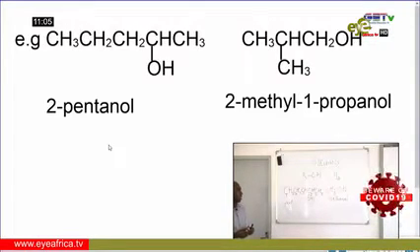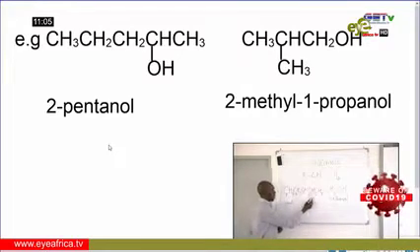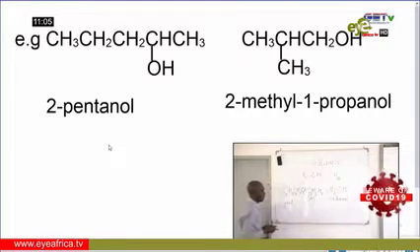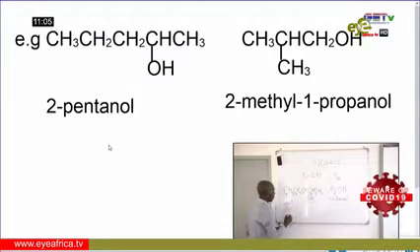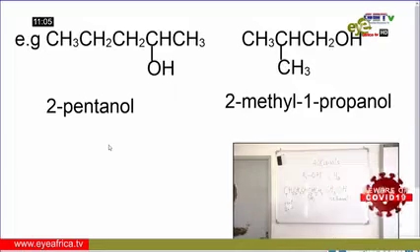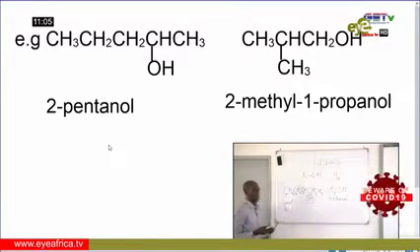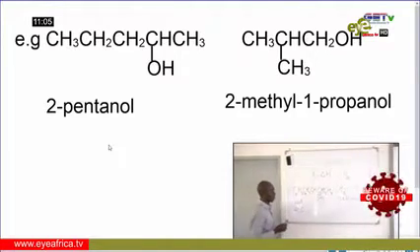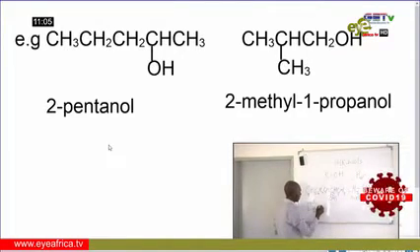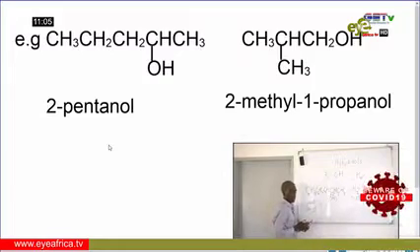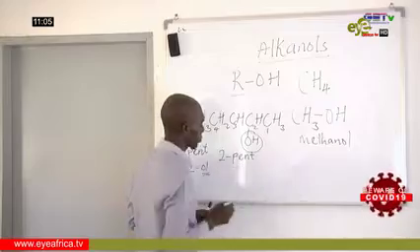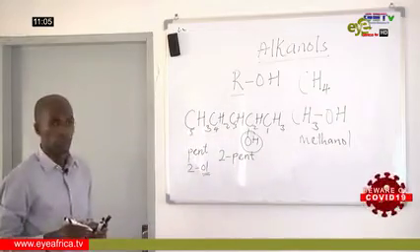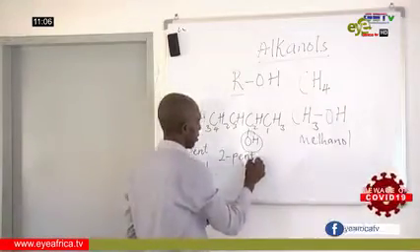And then the functional group here is the OH, and the OH is on carbon number 2. So on carbon number 2, we have the OL suffix, that is the functional group alcohol. And to name this compound, we'll name this as 2, which is the position of the alcohol, and pent, which is the prefix for 5, and then AN.